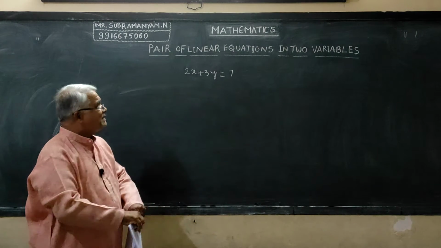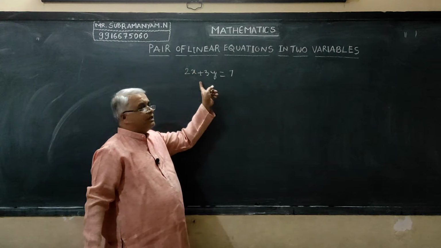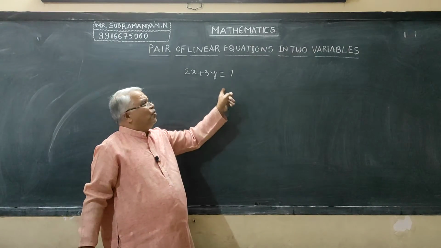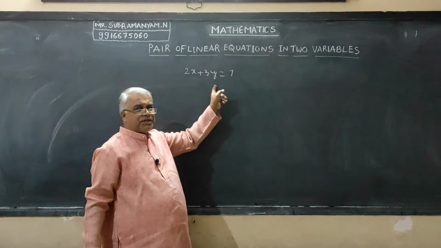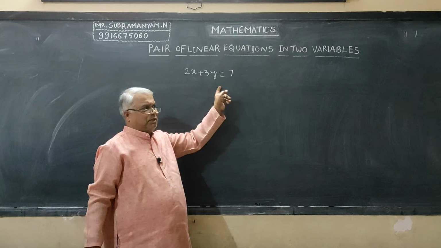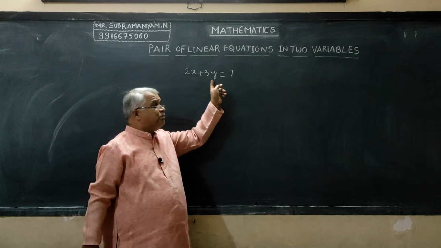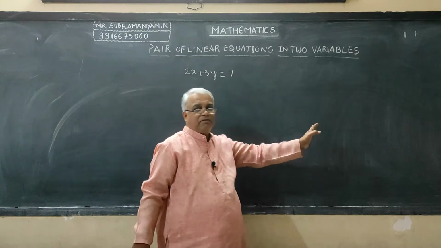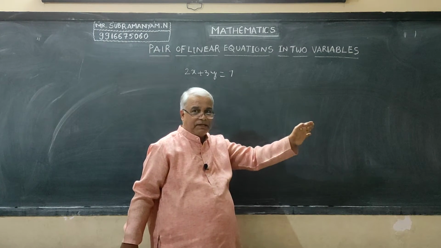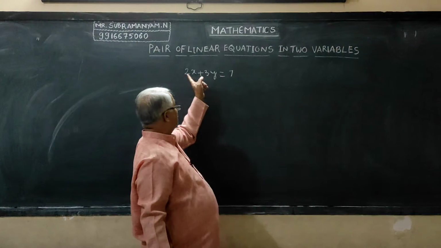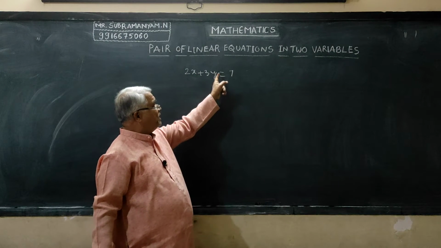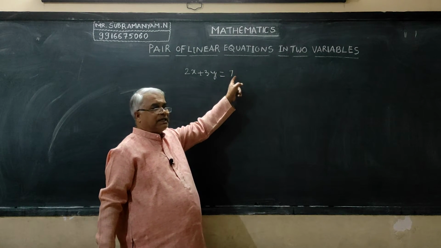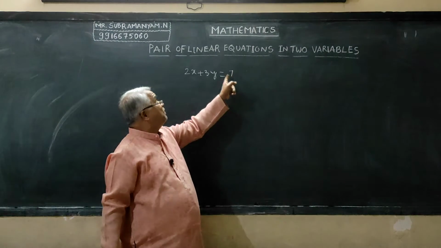Why do we say this is a linear equation? Very simple. When this is plotted in a graph, we get a straight line. So 2x plus 3y equal to 7 is a linear equation.